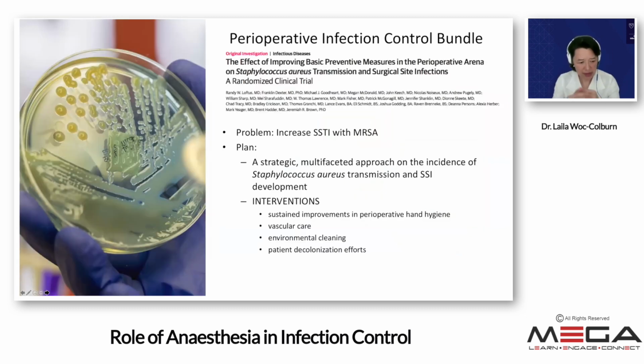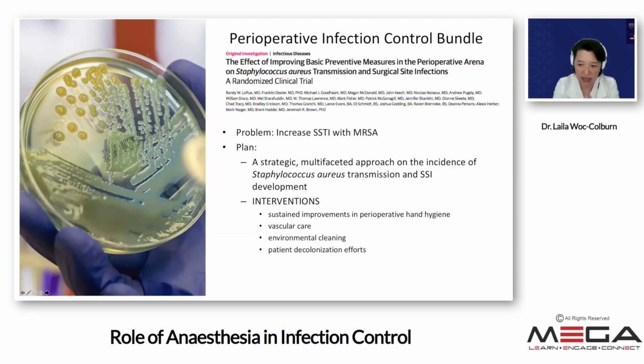So I talked all about this. And so one of the things to know is, can a perioperative infection control bundle actually help you decrease surgical site infections? So this was seen in an original investigation, on the effects of improving basic preventive measures. So this is not costly interventions.